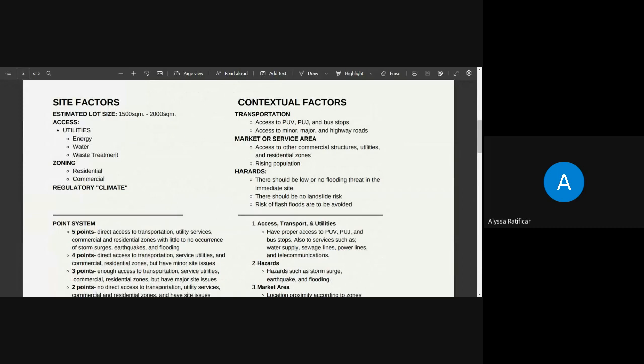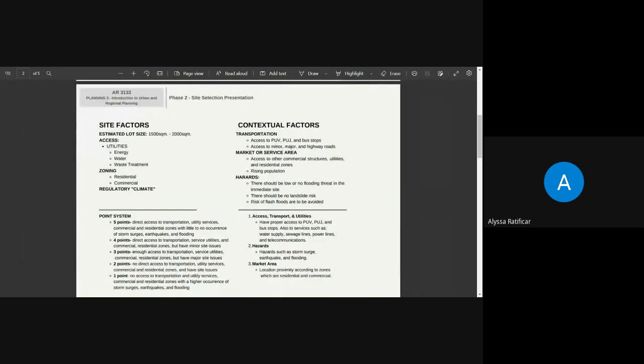For our site selection criteria, we have considered a few factors. For the site factor, the lot size should be at least 1,500 square meters and a maximum of 2,000 square meters. There should be access to service utilities such as energy, water, and waste treatment, and access to residential and commercial zones. For contextual factors, it should have access for transportation, to minor, major, and highway roads.